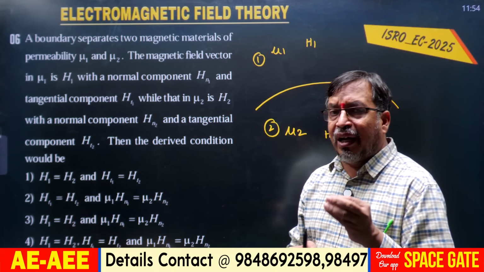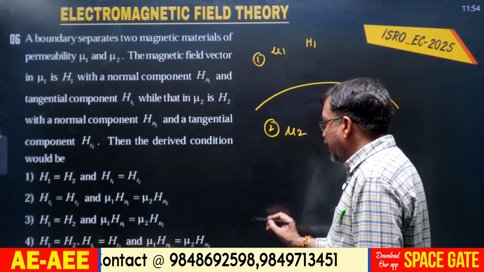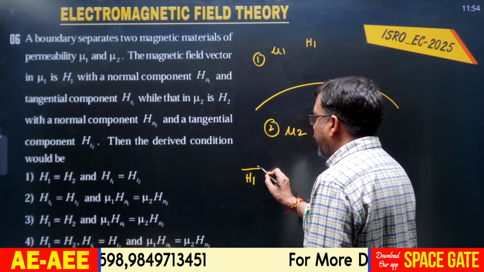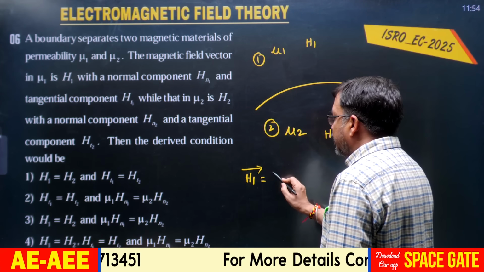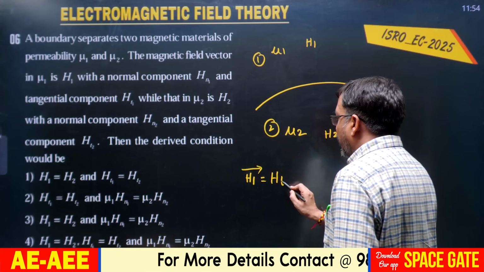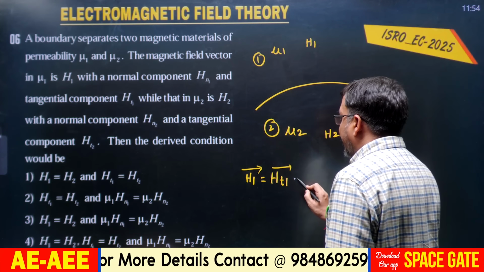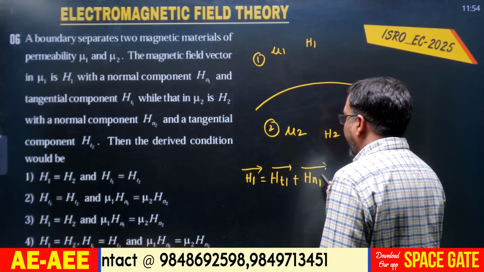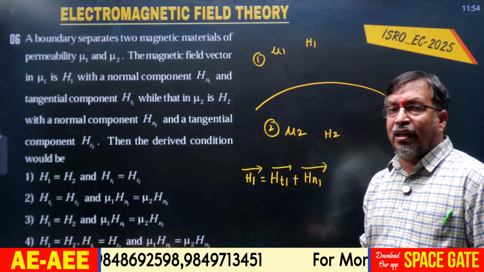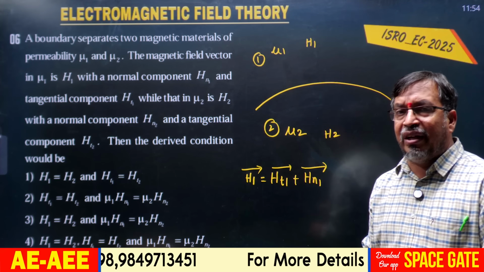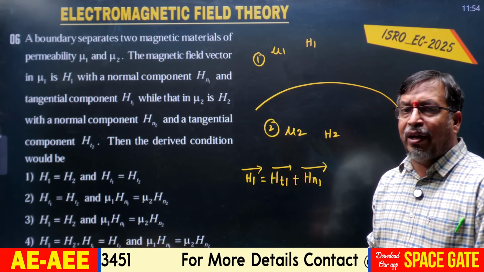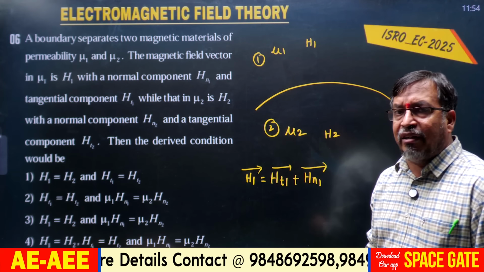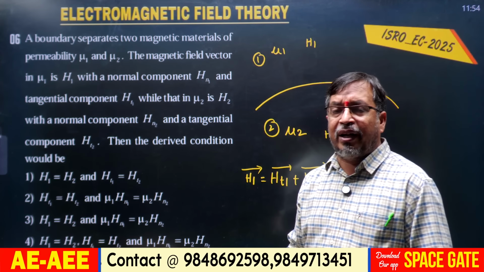So, according to the decomposition concept, here H1, the magnetic field vector in medium 1, is decomposed into two components: HT1 plus HN1. What is HT1? Tangential component of magnetic field intensity in medium 1, and HN1 is normal component of magnetic field intensity in medium 1.